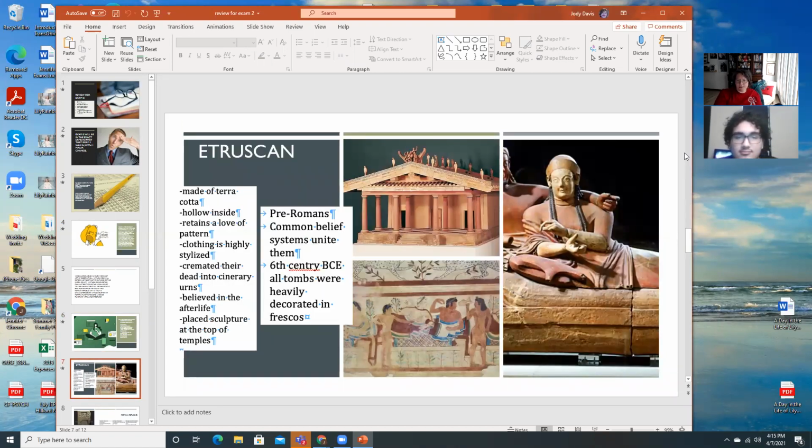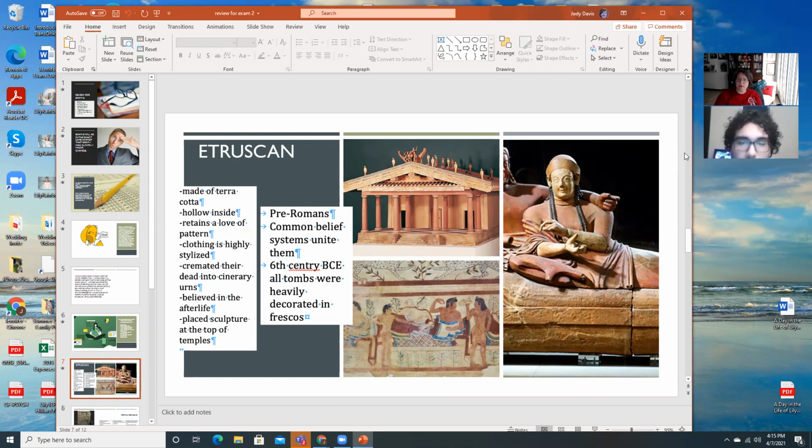So we talked about Etruscan. The Etruscans were the ancient prehistoric Romans. So they were the pre-Romans. They had a common language and a common religious belief system.